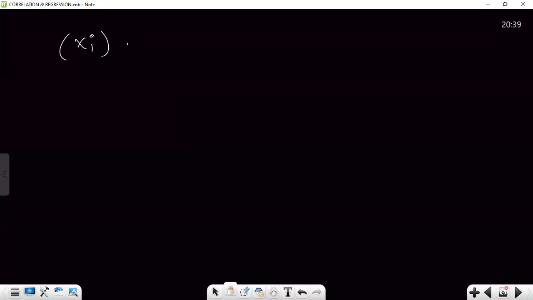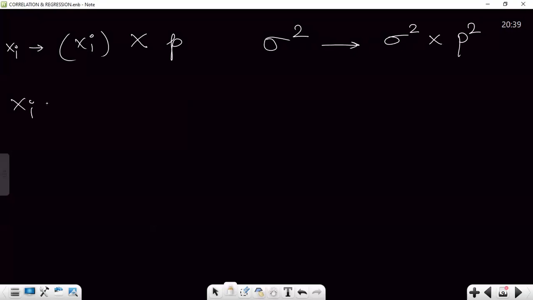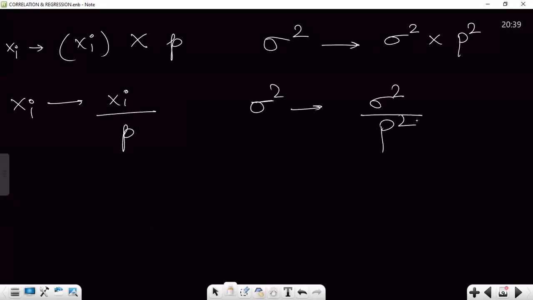If xi, the elements, are getting multiplied with p, then its variation will get multiplied with p square, because there is a square this time. If the elements are getting divided by p, then the variation will also get divided by p square.